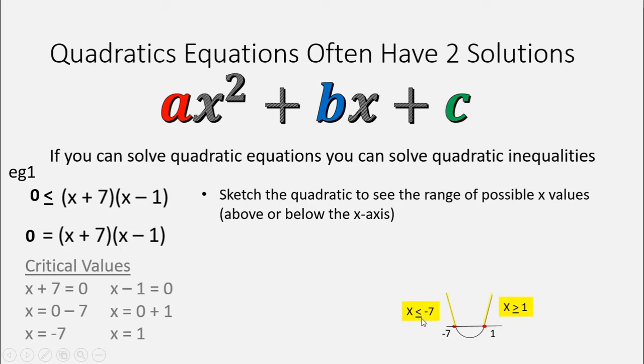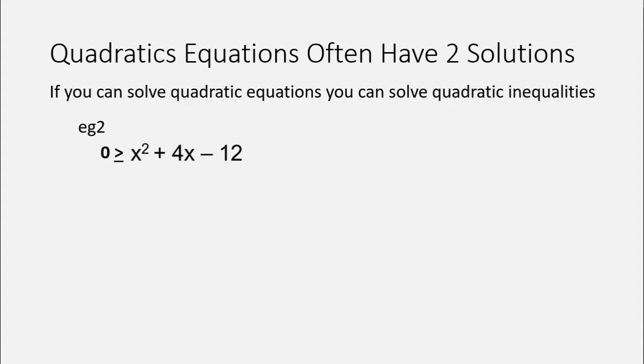Again, my inequality symbol is underlined because the original inequality symbol is underlined. But notice that my inequality symbols are not automatically the same symbol as the one given in the inequality that we started with. Let's try another example to make sure that that was clear.